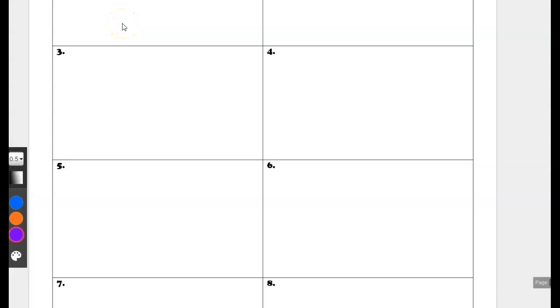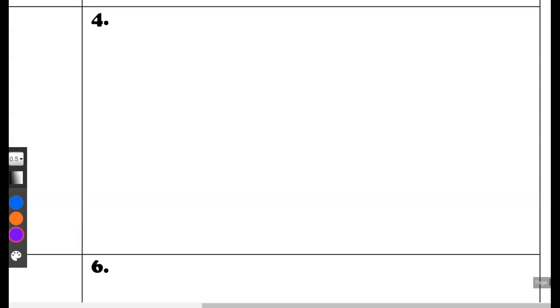Now, when I say the word factor, what goes through your head? Yes, Liz. You find the numbers that can equal whatever main number you're given. Exactly, yes.